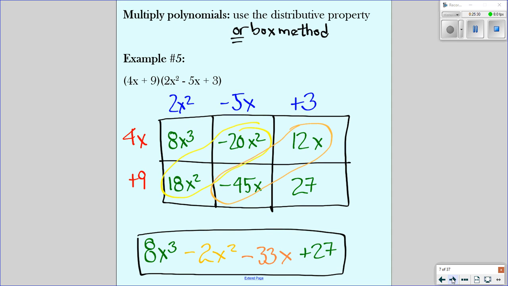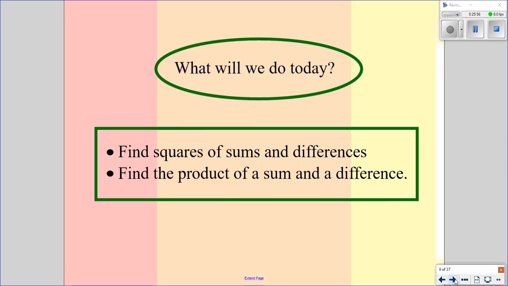So if you like everything neat and organized, so that you can make fewer mistakes when multiplying polynomials, then use the box method, because then you can find out which things you need to combine, what signs go with what, and all that stuff, and you can just put it into its final standard format. All right, so again, show an example.